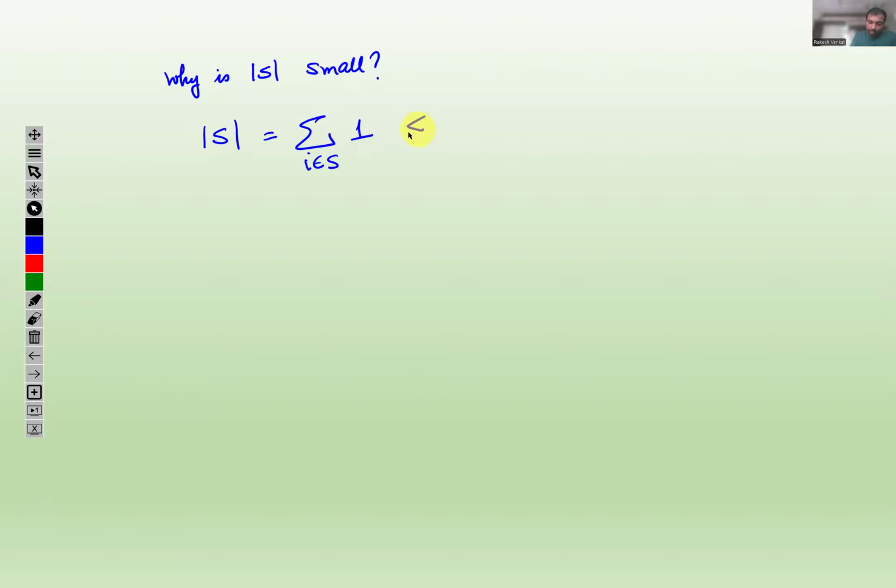Now I claim that this is less than or equal to 2 times the summation over i in S of xi star. Why is this true? This is because I only chose those vertices whose xi star value was greater than or equal to half. So if xi star is at least half, that means 2 times xi star is at least 1.